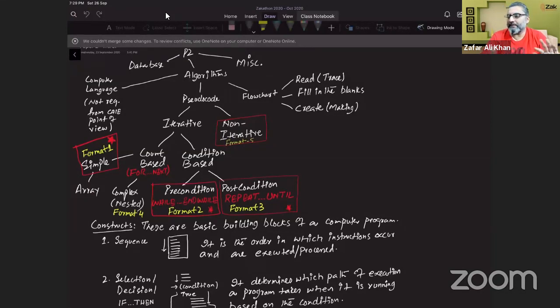Once we complete format 4, then we will complete arrays. So tomorrow my target is to finish format 4 and arrays, and the day after we will finish flowcharts, and then we will be tackling, what do we call it, PRM. All right. So thank you very much. Take care.